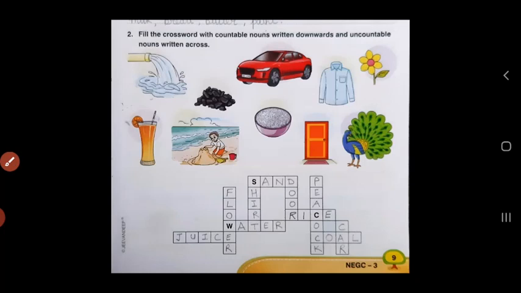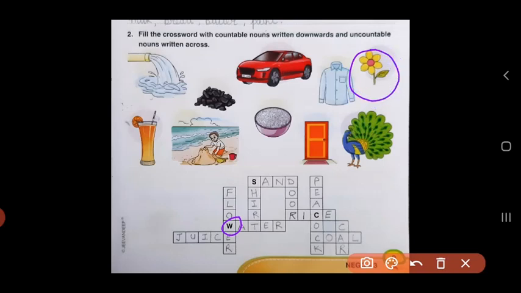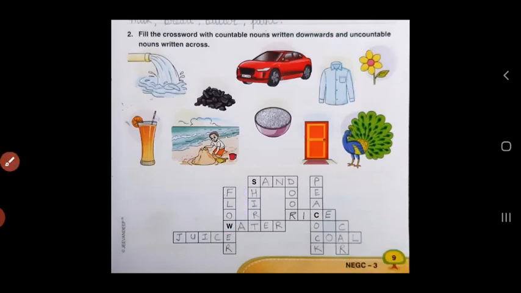Let's start with the alphabets that are given. Like F for flower, and flower is a countable noun. So write down flower in this crossword. Once that is done, let's go to the W in the uncountable noun.